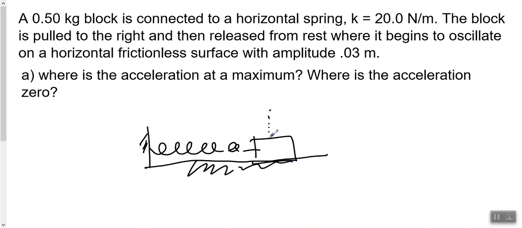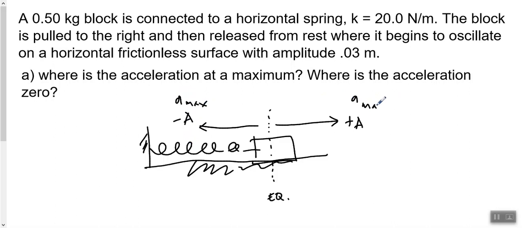If this is the equilibrium position, the maximum acceleration will be relative to the equilibrium, either positive or negative. So this is where the acceleration is at its maximum.